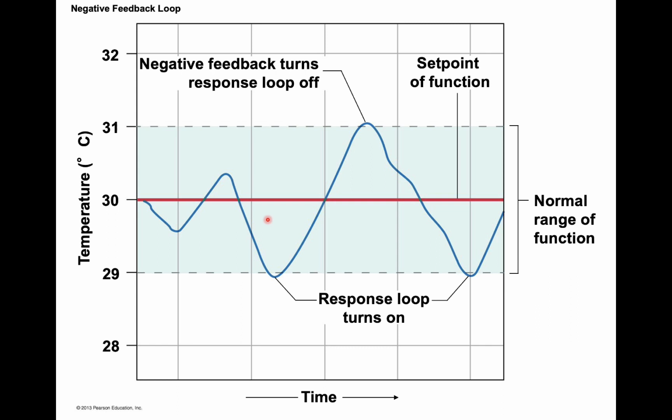Your body temperature and heart rate aren't perfectly exact 24 hours of the day. But what is perfectly exact in a healthy individual is the ability of the body to make sure that we're always going back towards our baseline. So if we're too high, we come back down to baseline. If we're too low, we come back up to baseline.